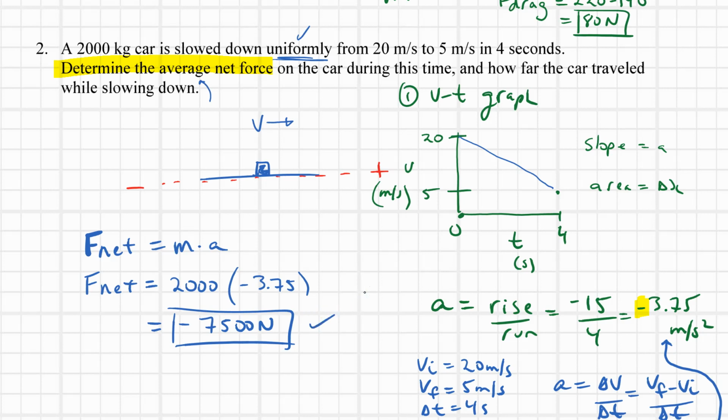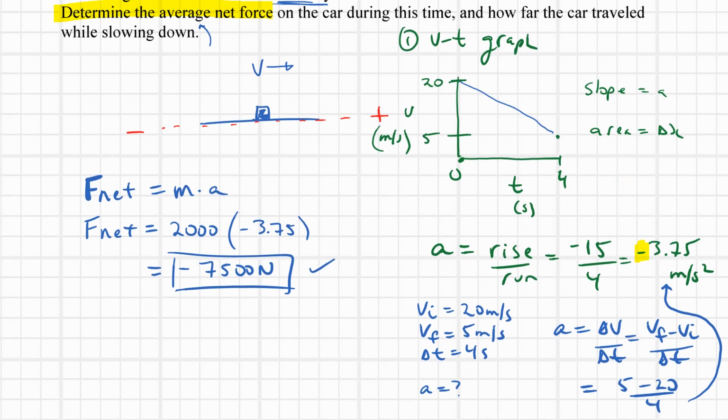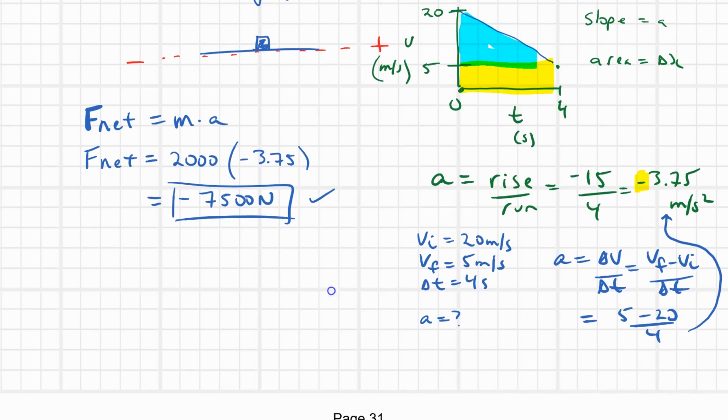The last one says how far the car traveled while slowing down. So looking at it graphically, looking at the VT graph, we could say, what is this area? And just a reminder that you would have to solve for that rectangle piece at the bottom as well as the triangle piece on the top. And if you're going to solve it using our kinematic equations, then we would look for one that has delta x in it, and there's almost any formula you can use except for the one that we just used that didn't have delta x.